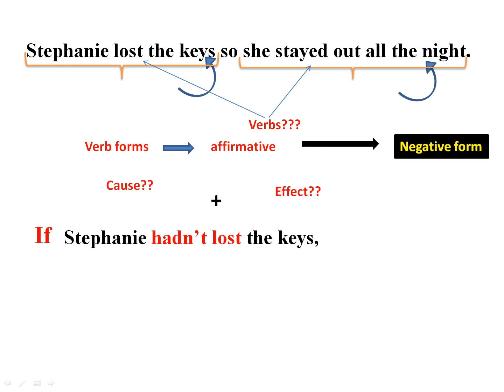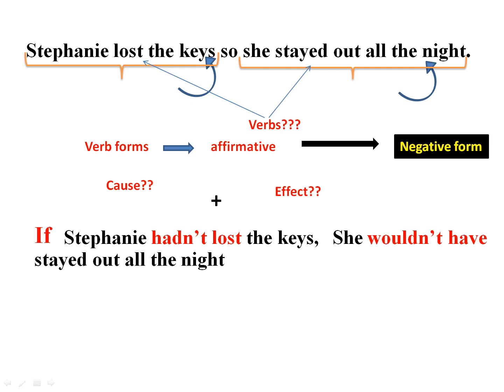So here, if Stephanie hadn't lost the keys, okay, and finish my sentence, she, and I have here stayed, which is affirmative, so I need to put it negative. With the negative form here, she wouldn't have stayed out all night. Great. She wouldn't have stayed out all night.